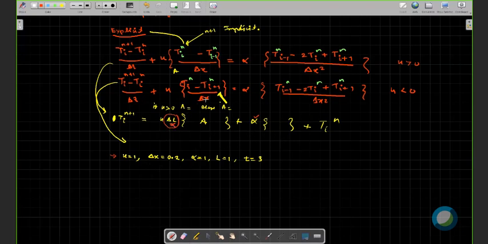Delta x is given. Alpha is given. So how do you know the delta t? Stability condition. Yeah, delta t has to be calculated from stability criteria.